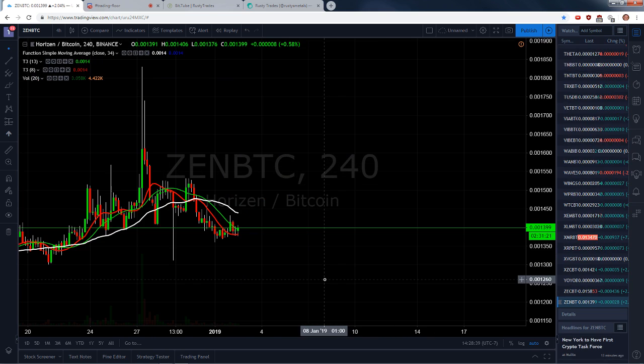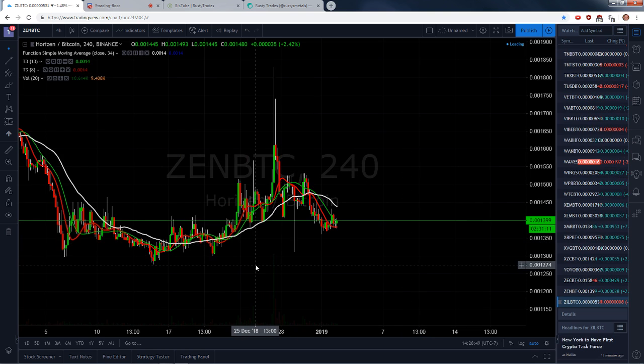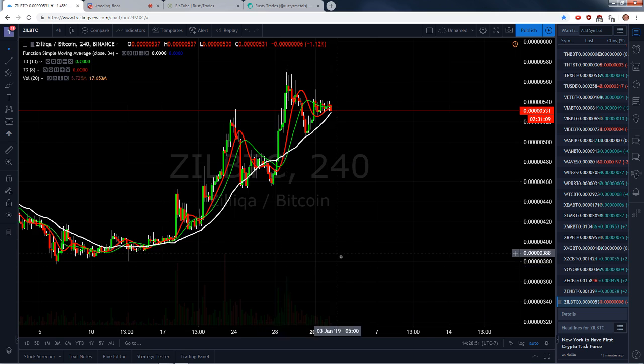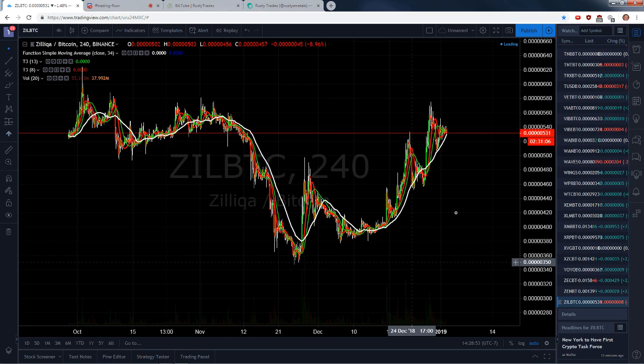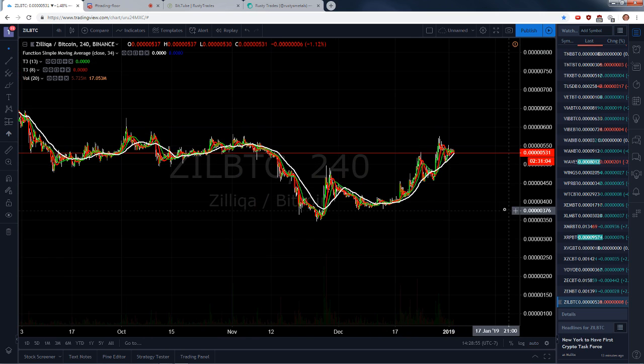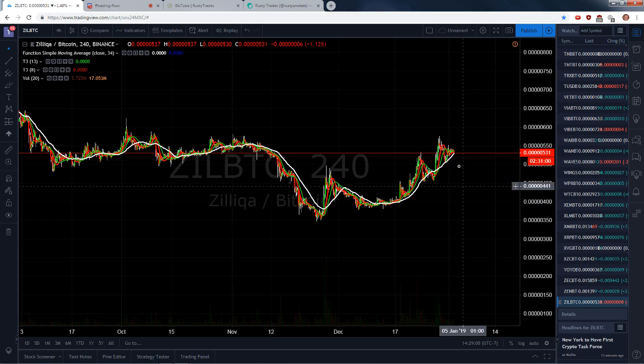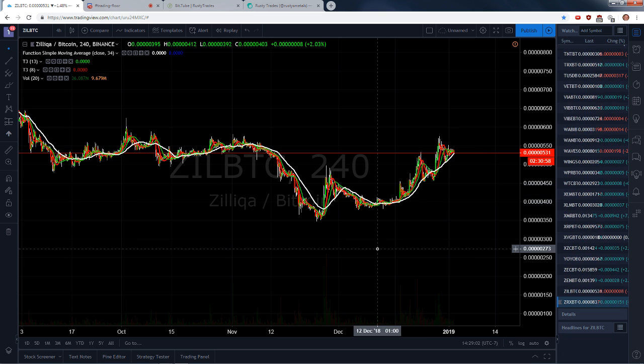Zen, another higher low. Over the 8, into the 34, back into the 8. See if it can't hold support. Higher lows. ZIL. Watch for the high level consolidation to complete and a previous high break. Watch for the breakdowns as well.